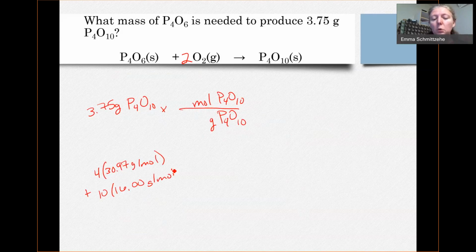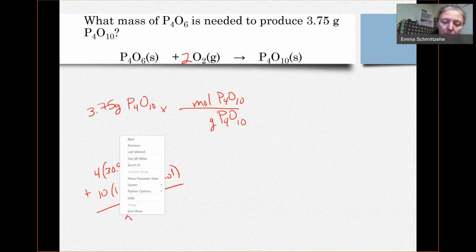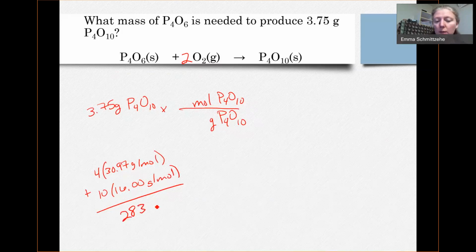Whatever that is, that's my molar mass, which, let's see, gives me 283.88 grams per mole. Okay, so that goes here, 283.88 grams per 1 mole. So that's going to cancel my grams of P4O10, and now I can do a mole-to-mole ratio.